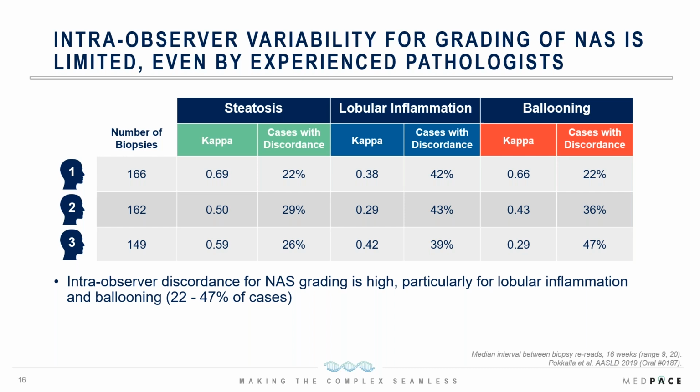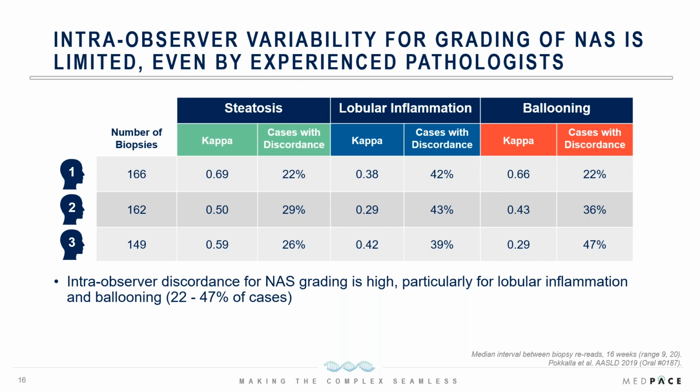When you look at the steatosis, we went from about 22% to 29% of the cases where there was disagreement between the 3 pathologists. If you look at the inflammation, we were from about 40 to 43. So again, quite a bit of discordance there. And then when we got to the ballooning, even more so, we went from 22 to 47% of the cases showing a lot of discordance.